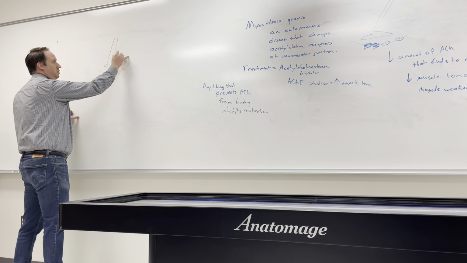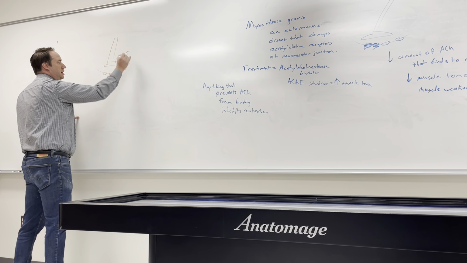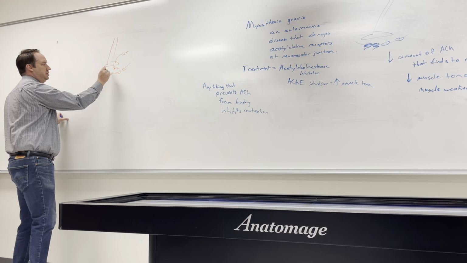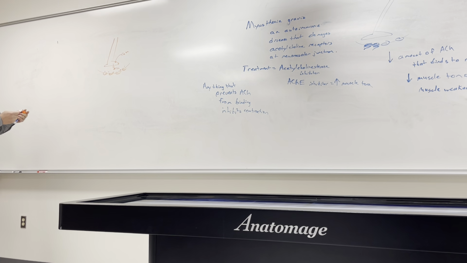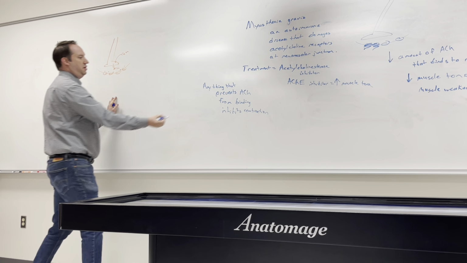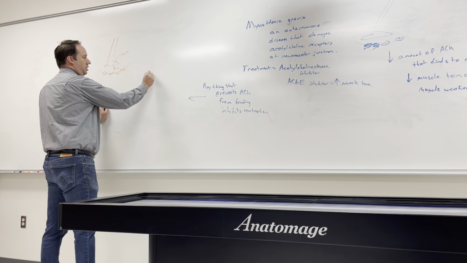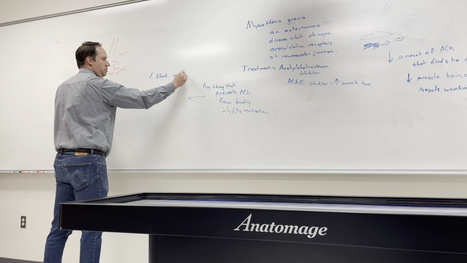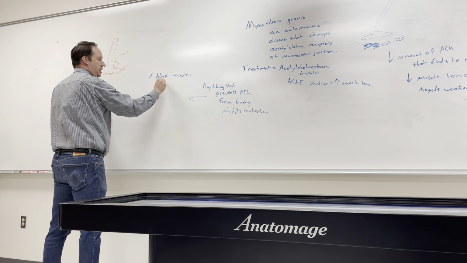For acetylcholine to come out, you've got to get calcium coming in, acetylcholine going out, and then acetylcholine binds to its receptors. So stuff that prevents acetylcholine from binding. The obvious one is block the receptors. That's an antagonist.